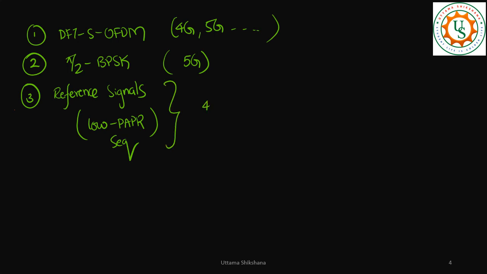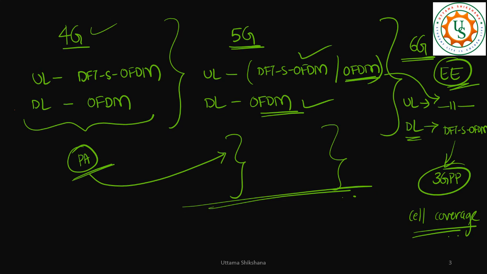This was there even in 4G, and it's there in 5G as well. So such kind of sequences are used to reduce the PAPR. I hope you got the clarity on what all schemes are used to reduce the PAPR and improve the cell coverage or improve the power efficiency. And also you got to know why the PAPR is not a problem in case of downlink.